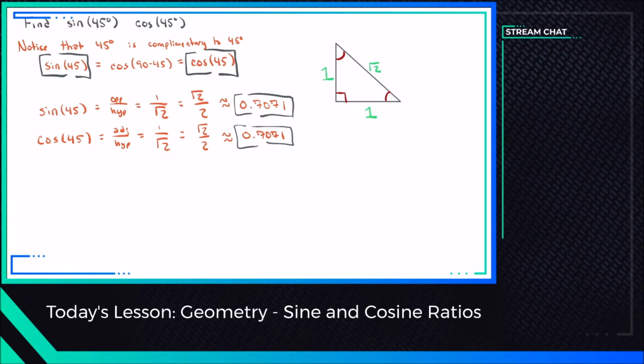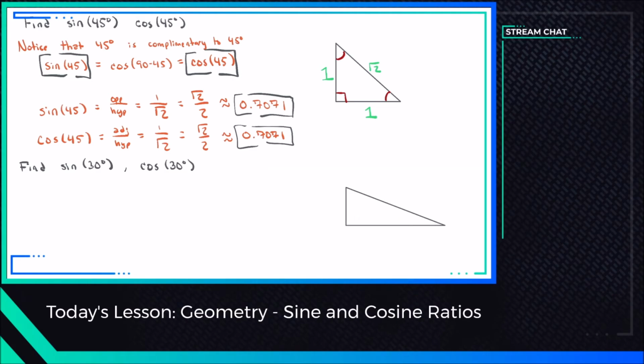All right, let's go ahead and try to find now the sine of 30 degrees and the cosine of 30 degrees. Let me redraw that here. So we're going to draw a 30, 60, 90 right triangle.